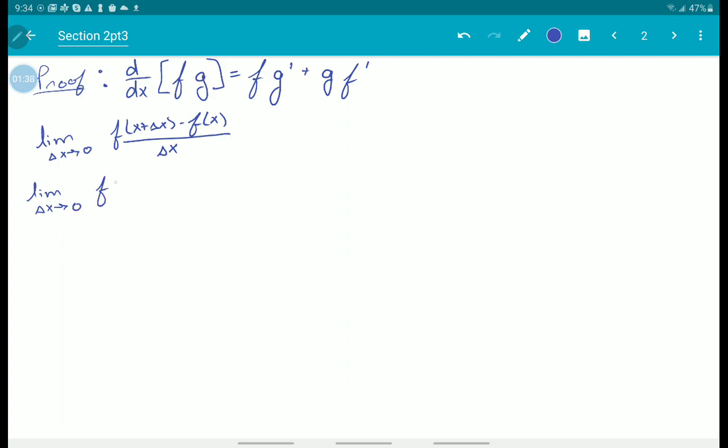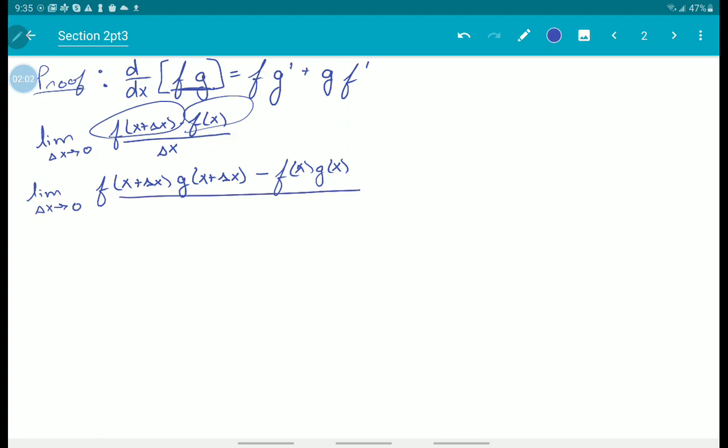So it's going to be f of x plus delta x, g of x plus delta x. So there's my substitution of replacing x with x plus delta x, minus f of x, okay, which is going to be minus the original thing, which is going to be f of x times g of x.